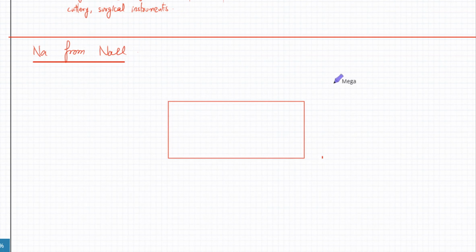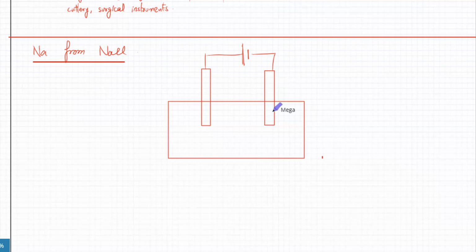You'll take a container, connect 2 electrodes to it, preferably inert electrodes. Once that is done, you're going to put molten NaCl, not aqueous, but molten.